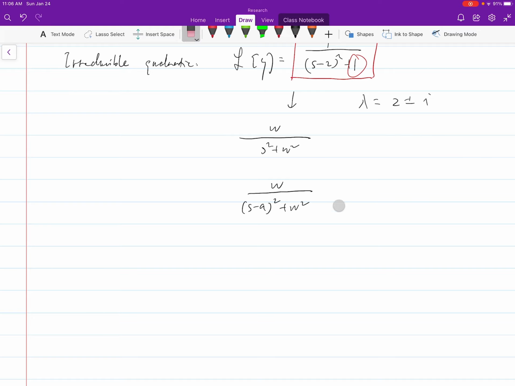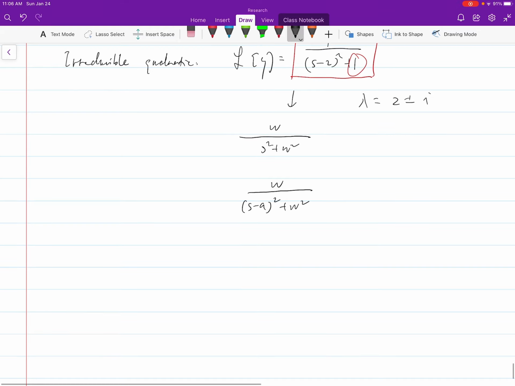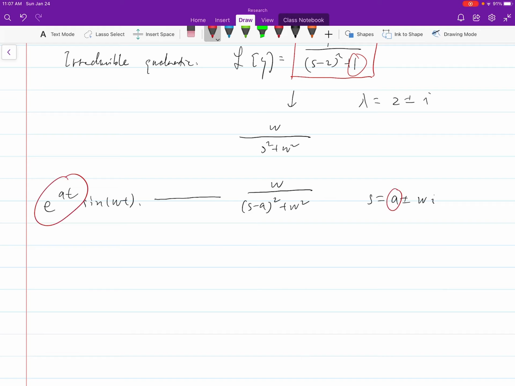So what we're going to guess for this one is that it should somehow be related to e to the at sine cosine omega. Hopefully they're exactly the same, because what we got here is s equals a plus or minus omega i. We do know what this a does to our solution. It adds a term here. Okay, that's everything we have so far.